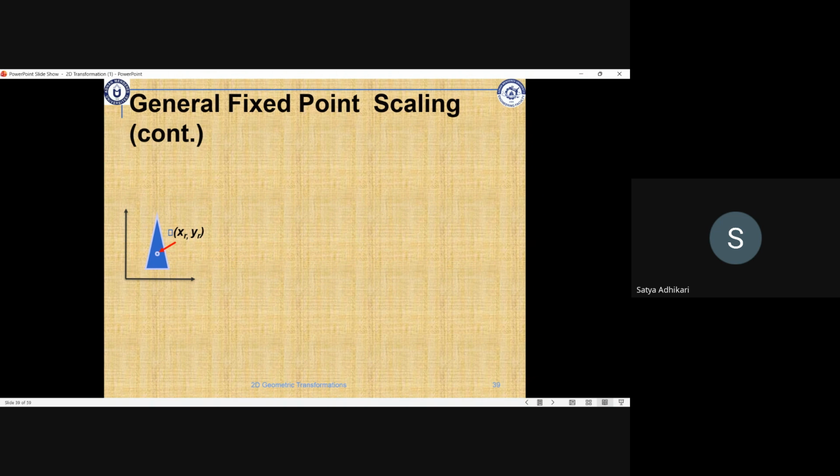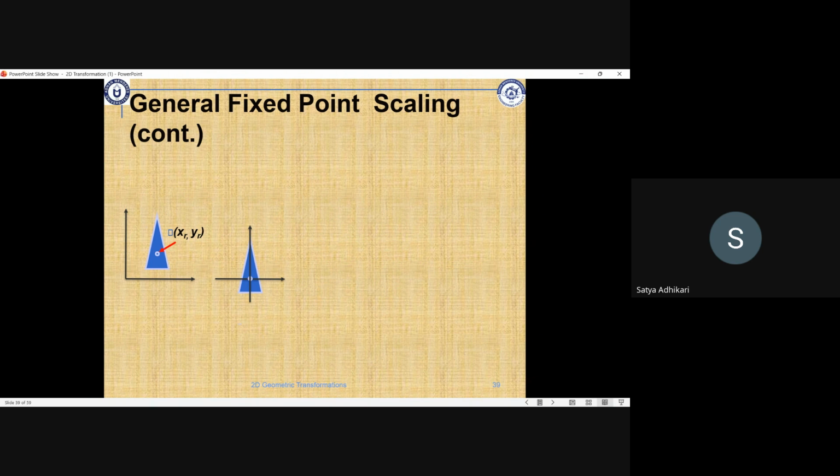Now we are going to apply scaling. The object should be scaled with respect to XR and YR. So as per the first step, we translate the point to the origin using the translation matrix.